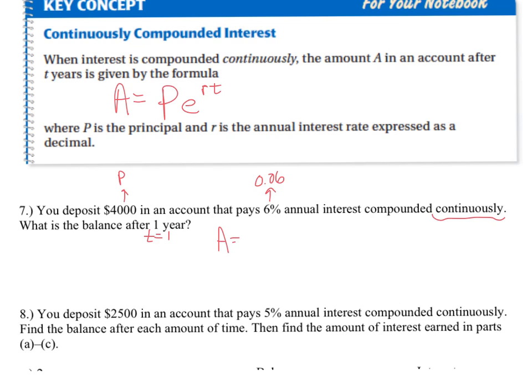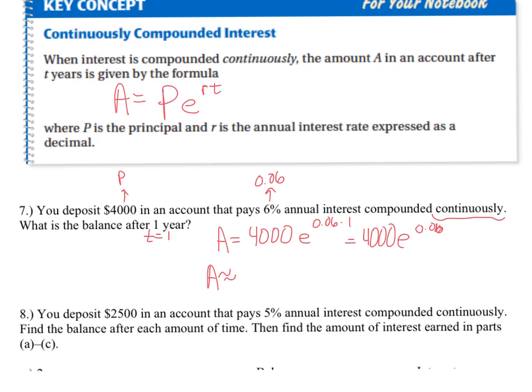So your total amount will equal that principal, your initial investment of $4,000, times e to the 0.06 times 1, or just 4,000 times e to the 0.06. Remember, we're talking about money, so we're going to round to 2 decimal places.